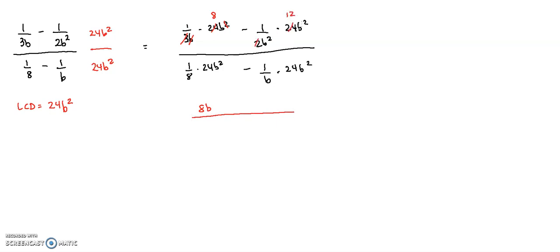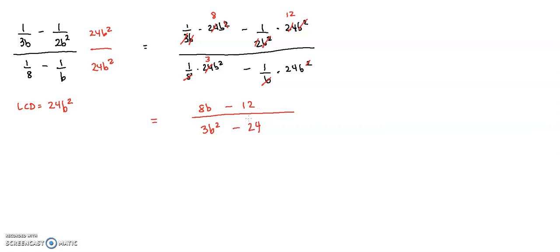And the b squared cancels with the b squared, so that's gone. So I get minus 12. And then on the bottom, the 8 and the 24 cancel, and I'm left with 3, so that's going to leave me with 3b squared. And then over here, one of the b's will cancel, and I'm left with 24b.